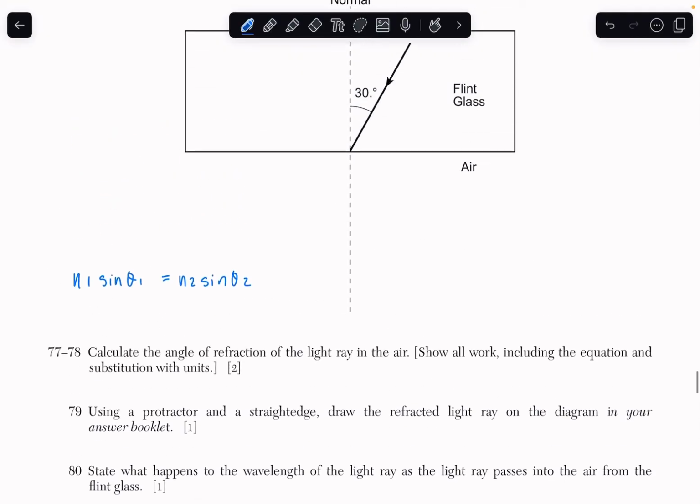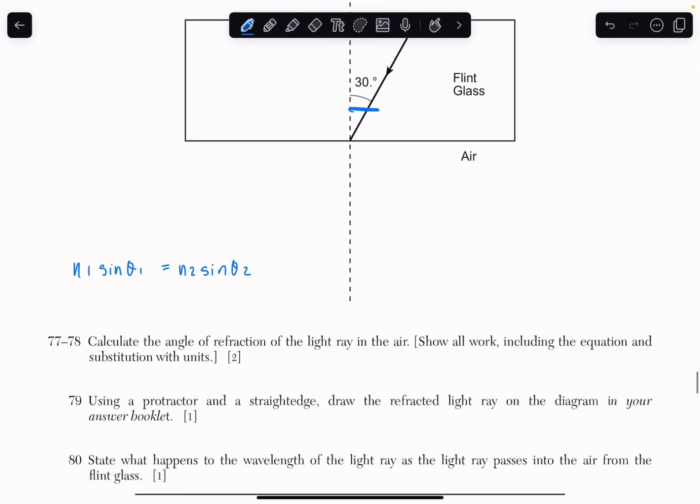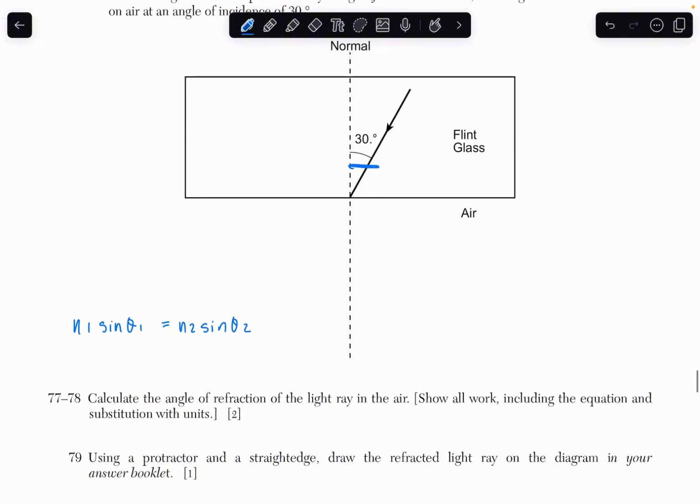And it tells us the angle of the glass right here. So N1 is the index of refraction for flint glass, and that's 1.66. So 1.66 times sine 30 equals N2, which is air, so that's 1.00, times sine theta 2.